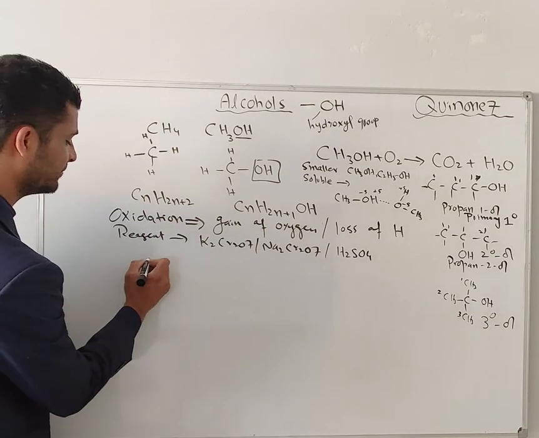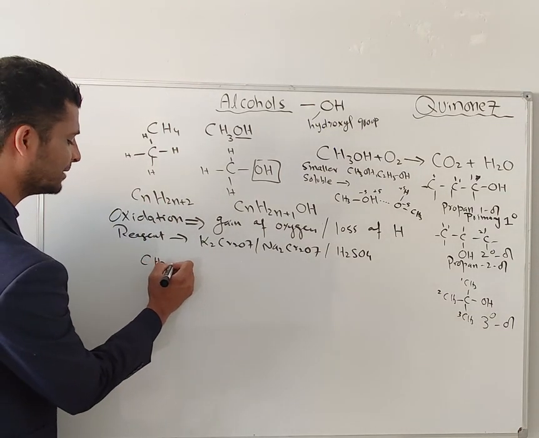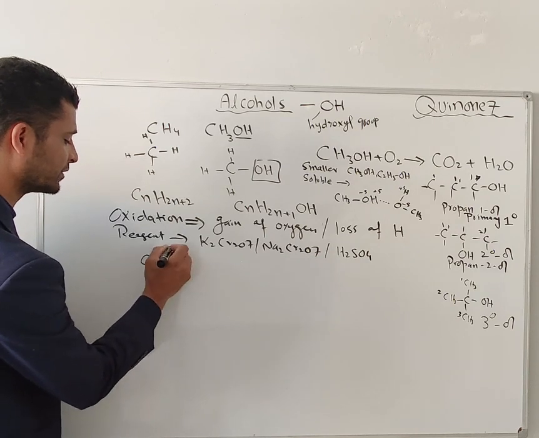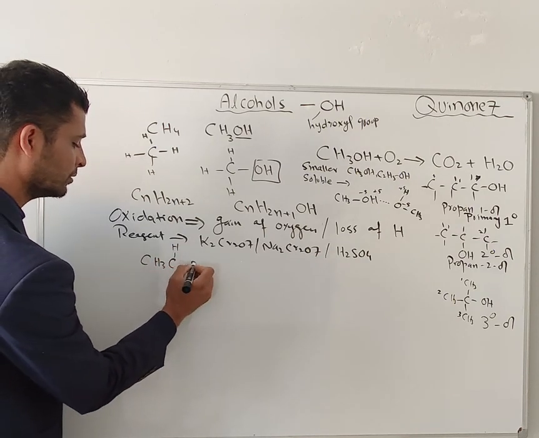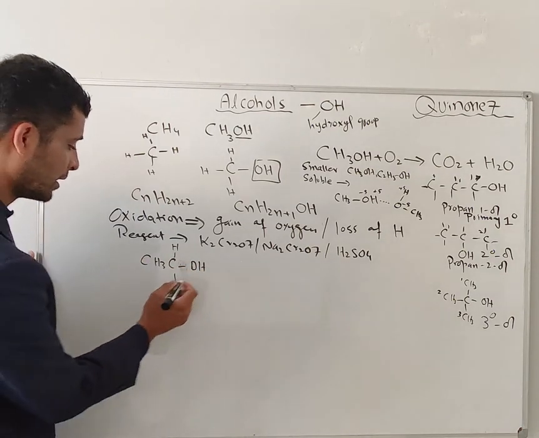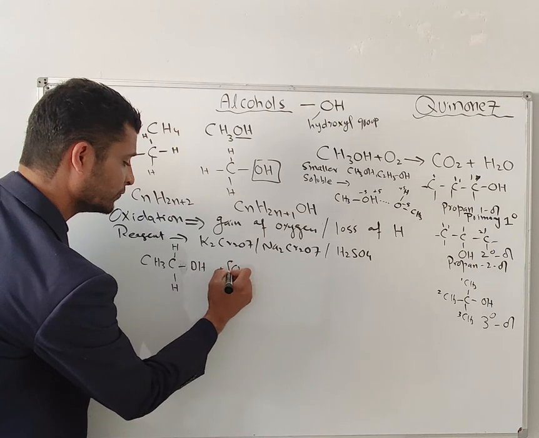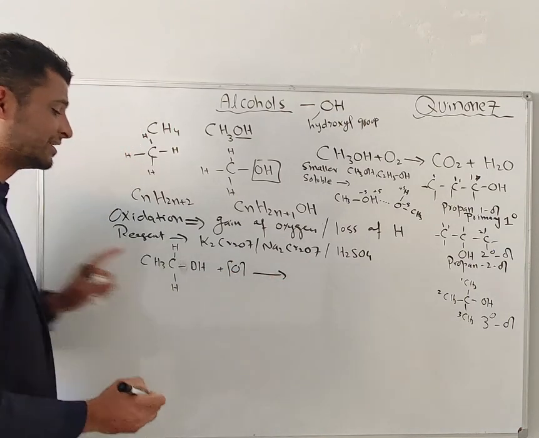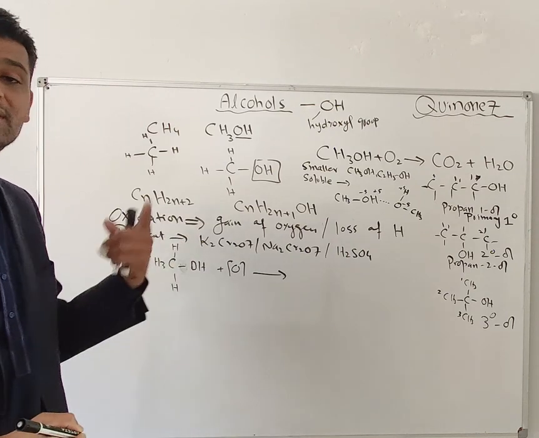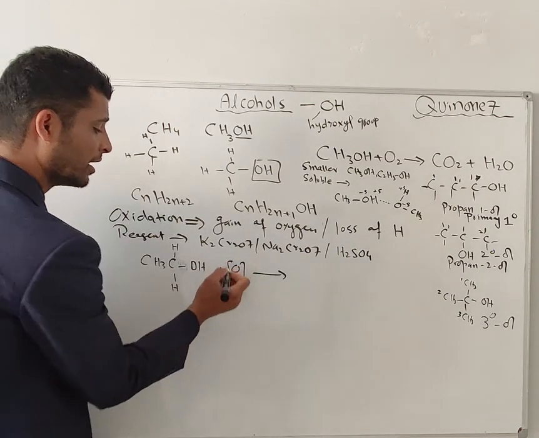For example, if you have CH3, I'm going to open these molecules for your understanding. This is a primary alcohol. When you do oxidation, you do not write O2, you write just O. O means one atom, O2 means combustion, so you have to write one oxygen.